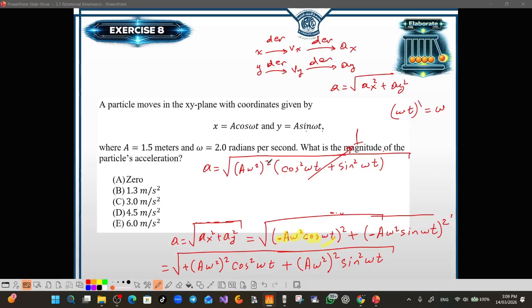And 1 times a omega squared to the power 2 is simply a omega squared to the power 2. Now we simply cancel the square with the square root, and the final answer would be a omega squared, which means the correct answer is: a is given by 1.5, omega is given by 2, and the answer is 6 radian per second squared.